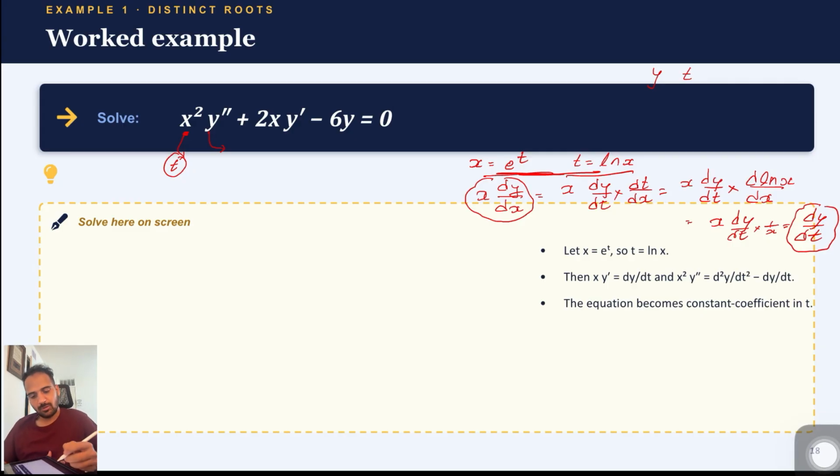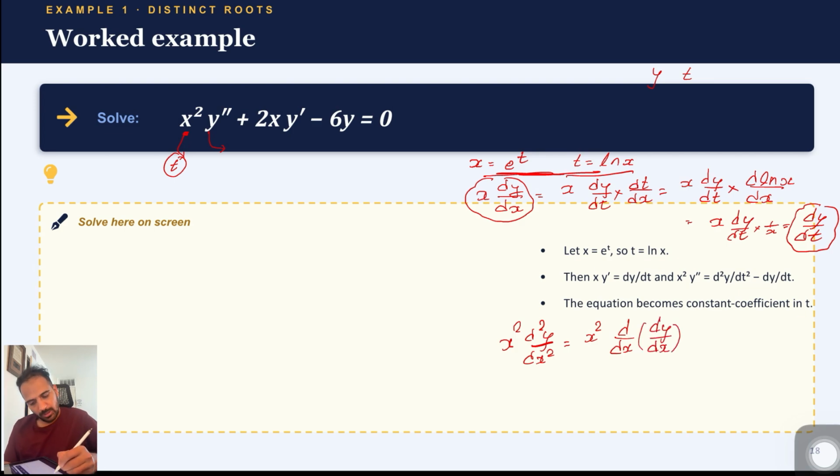And similarly, if you follow the same general method, you will get x square d square y over dx square, let's say this is x square d by dx of dy over dx.